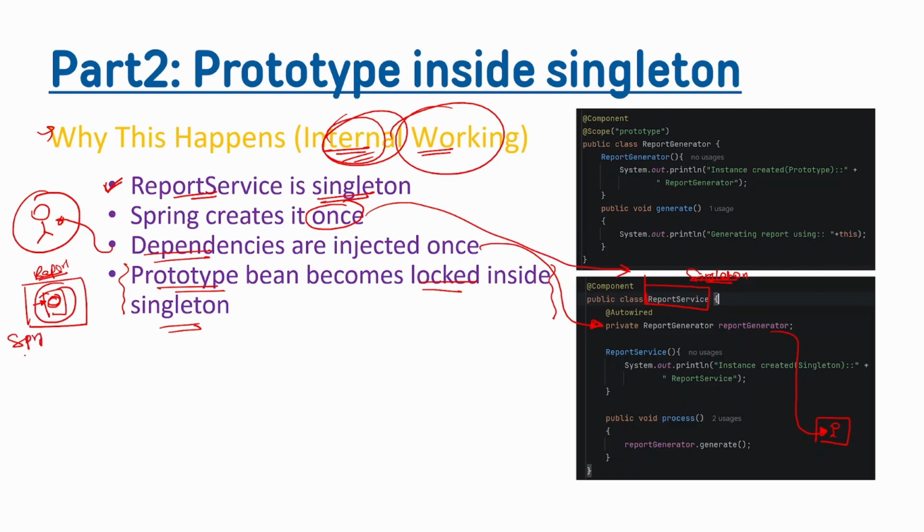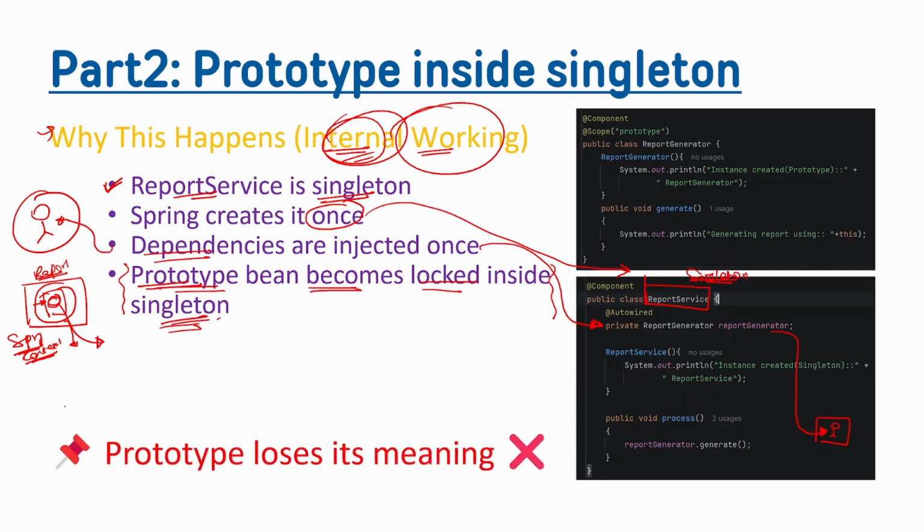So now every time we use the report service, the same report generator is used. We can say that the prototype bean becomes locked inside the singleton bean, so prototype loses its meaning inside the singleton bean.